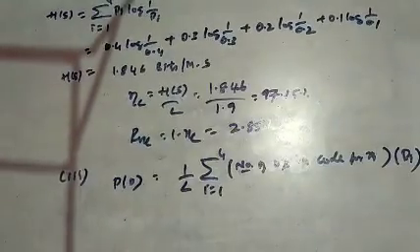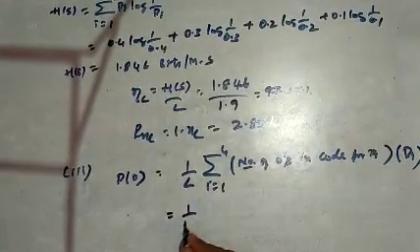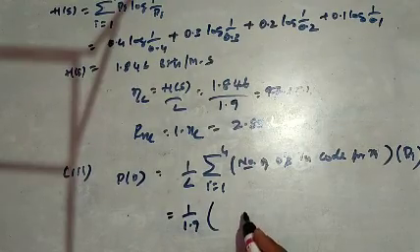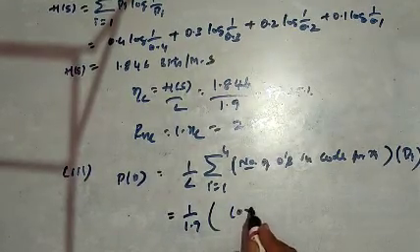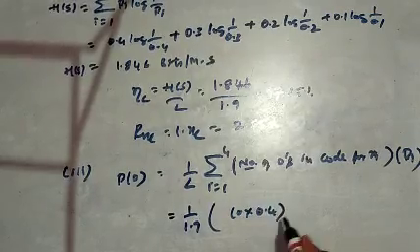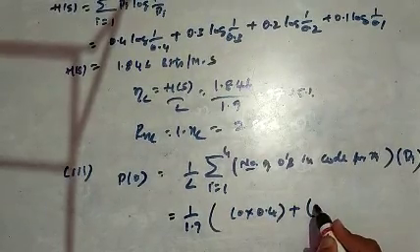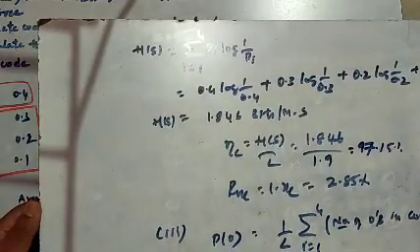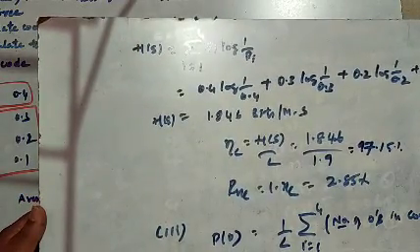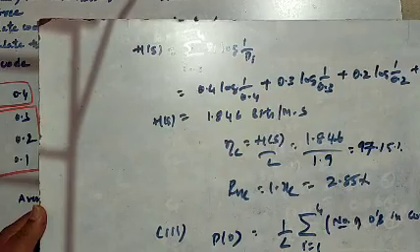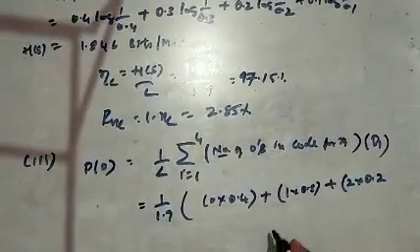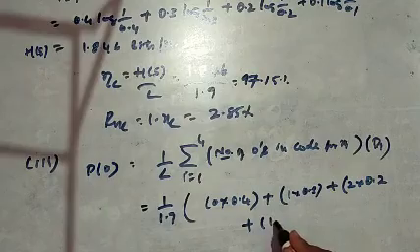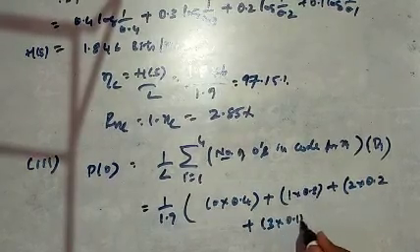So 1 by L times 0 into 0.4 plus 1 into 0.3 plus 2 into 0.2 plus 3 into 0.1.